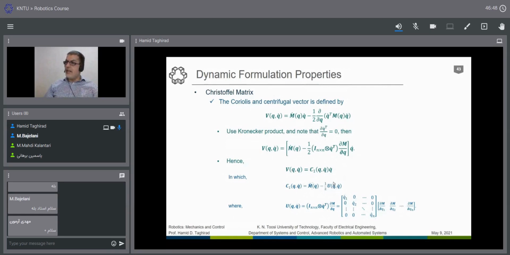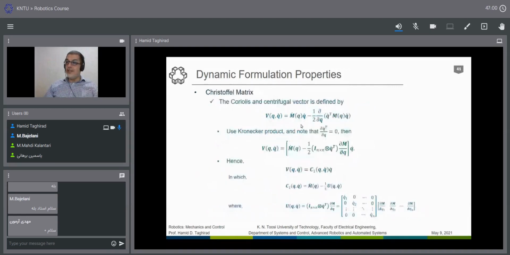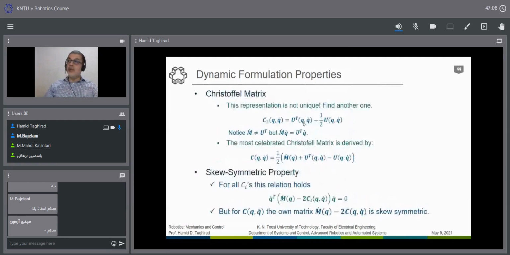If we use that, we can show that a second representation is also available. You don't need to find the M dot. If you have found the Q, we can show that. Of course, this has a proof. We can use the U transpose plus 1/2 U. Note that U transpose is not equal to M dot.